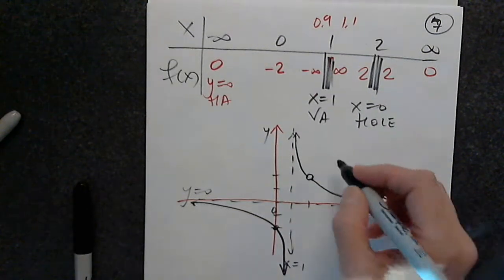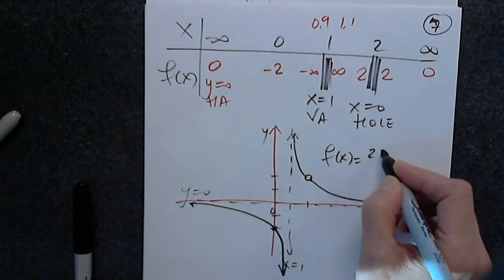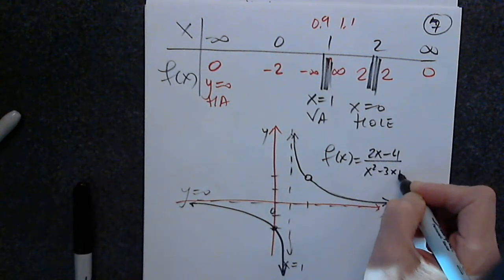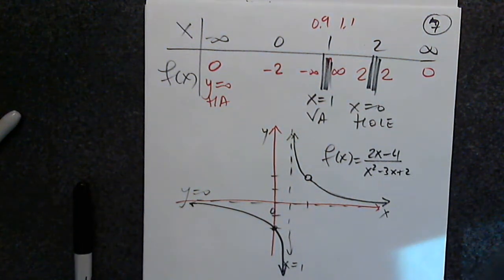And this is the graph of f of x equals 2x minus 4 over x squared minus 3x plus 2. If you want to check with the graphing calculator, you should always do it, just in case.